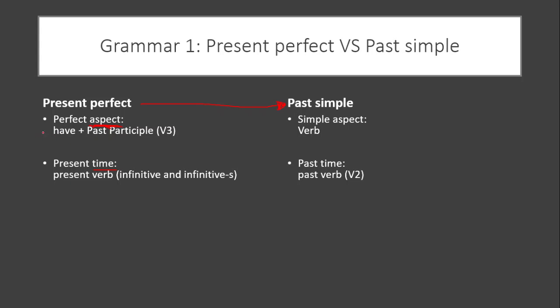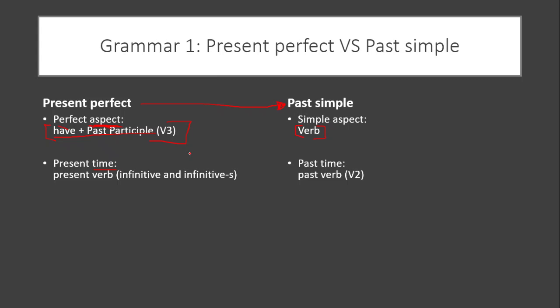The perfect aspect always has this pattern: have plus past participle. The simple always uses the verb. Remember, when we use tenses, we only talk about the verb. The subject can change the verb, of course, but mainly what is changed to differentiate one tense from another is the verb.